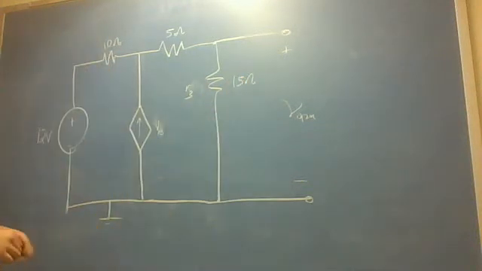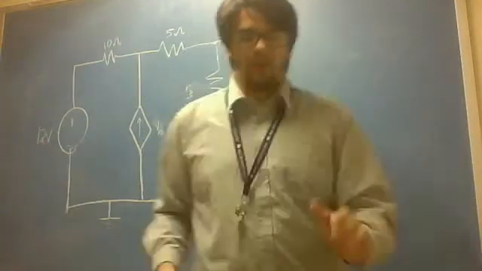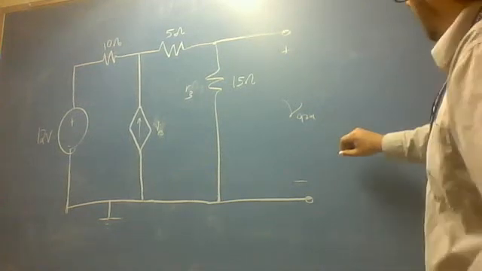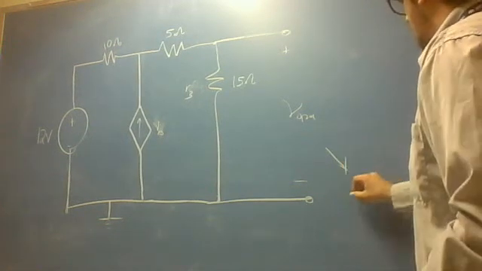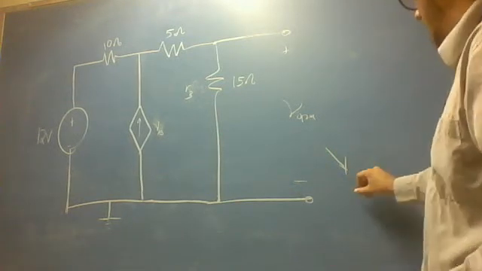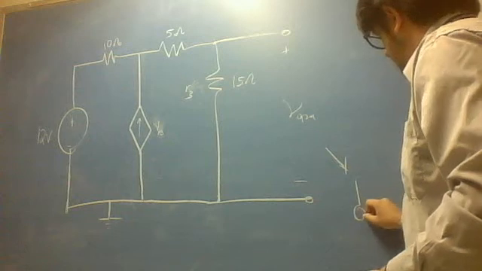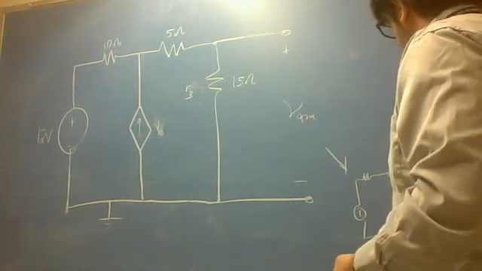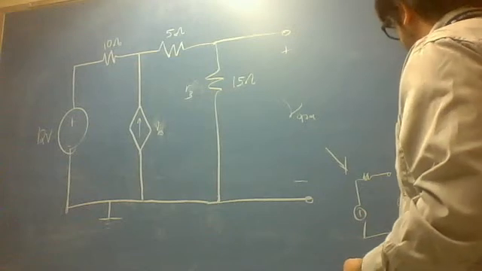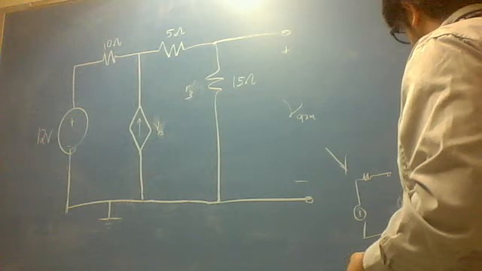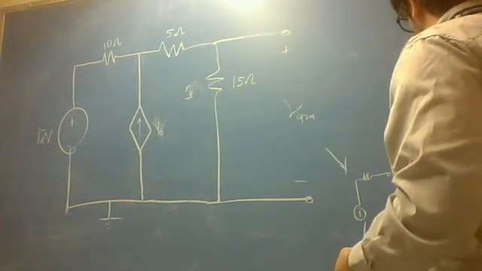So the idea here is that we want to transform this in a way which is going to meet the qualifications for this circuit, or one of two circuits, like I said earlier, either the Norton or the Thevenin equivalent. So we're either going to have this, or we're going to have this.